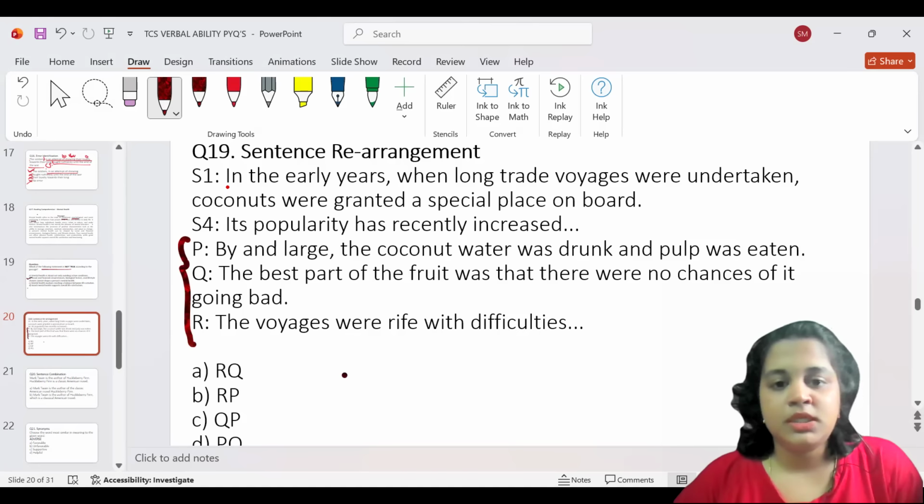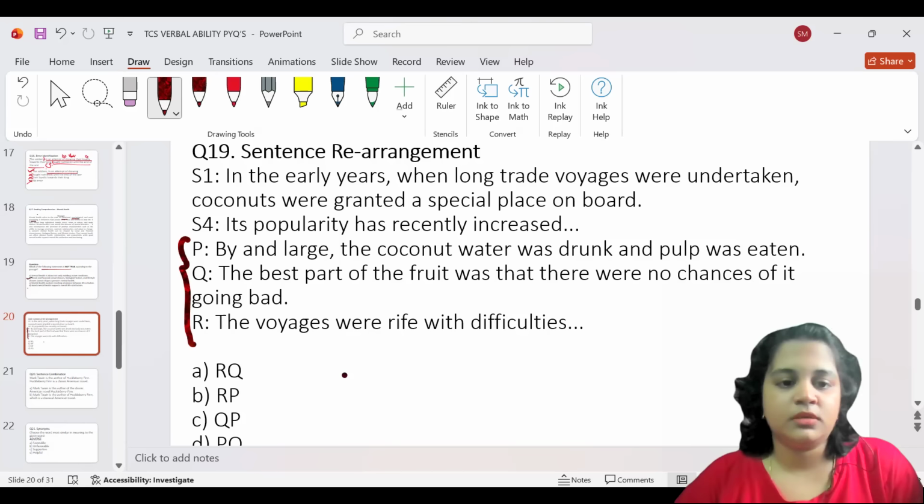By and large, the coconut water was drunk and pulp was eaten. The best part of the fruit was that there were no chances of it going bad. The voyages were rife with difficulties.